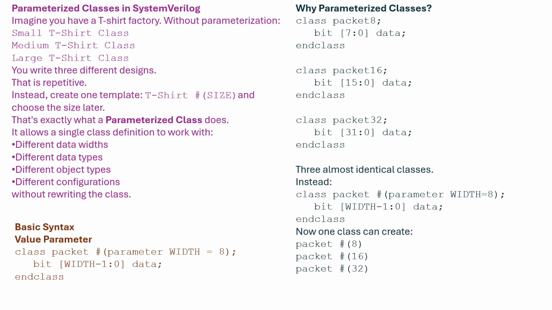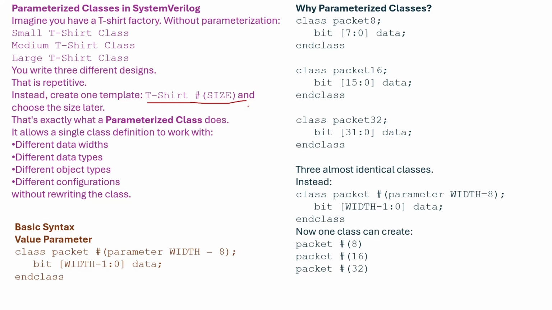Without parameterized classes, we need to create each and every shirt at a time, a small T-shirt class, large, medium, all these things. We would need to write many different designs, but with parameterized classes the template code is the same, and we change only the parameter. So that is the reason we go with parameterized classes.